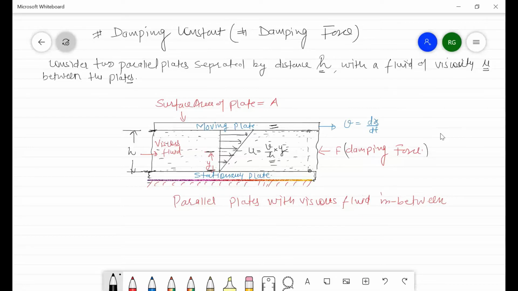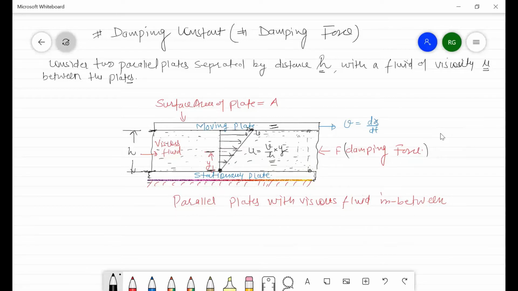The velocity of intermediate fluid layers is assumed to vary linearly from 0 to v. So here the velocity is v and here the velocity is 0.